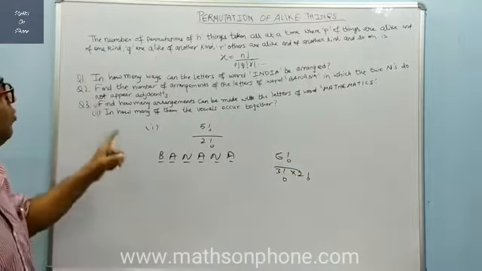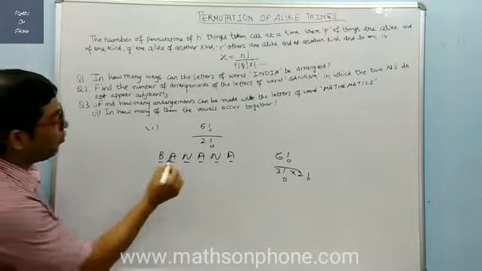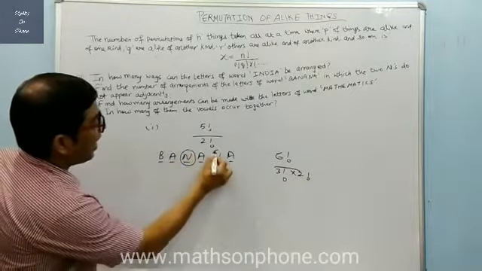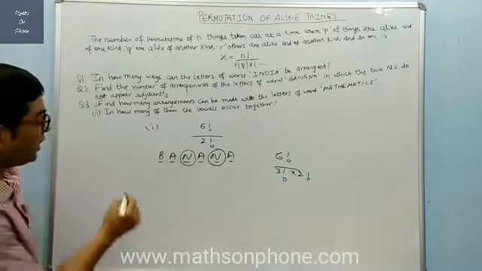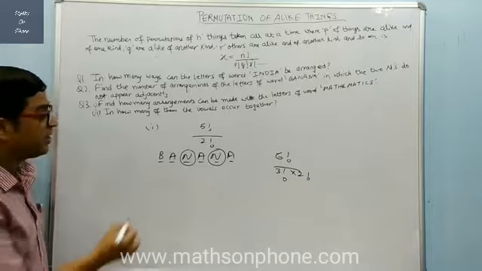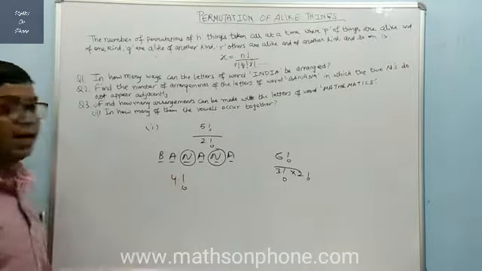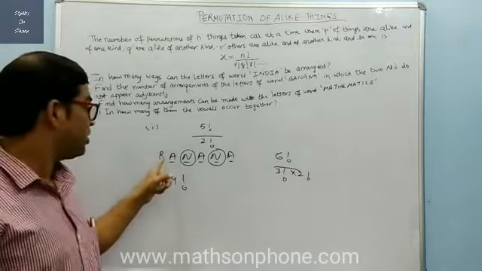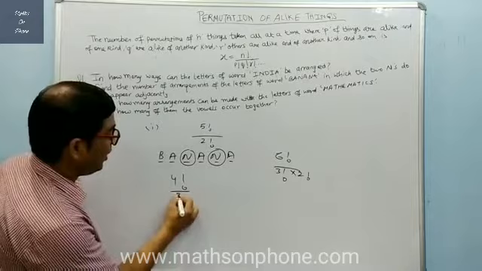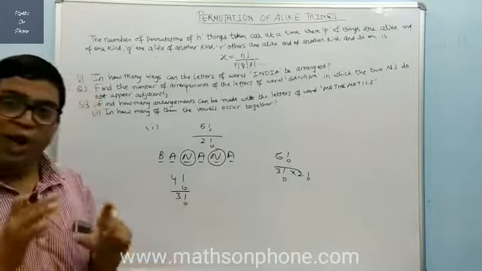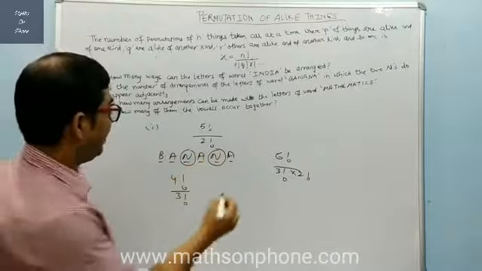But we have to see that no 2 n's are together. So we will just get rid of the n's and arrange the rest of the things. 1, 2, 3, 4. 4 things can be arranged in how many ways? 4 factorial ways. And out of these 4 things, you see 3 a's are there, so divided by 3 factorial because 3 alike things are there. So now we have just arranged B, A, A, A like that.